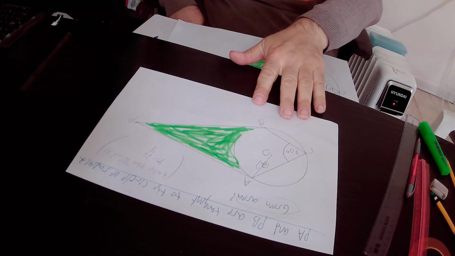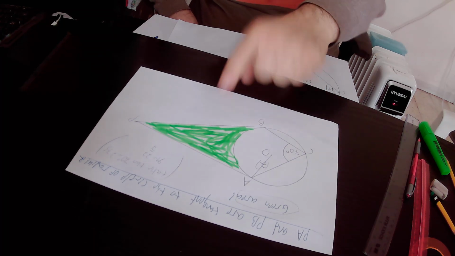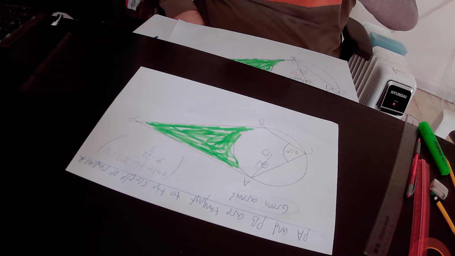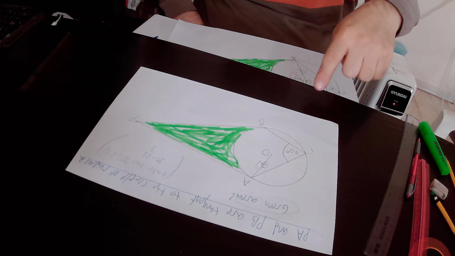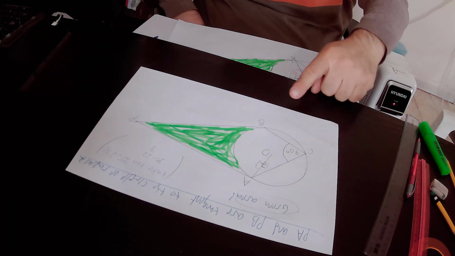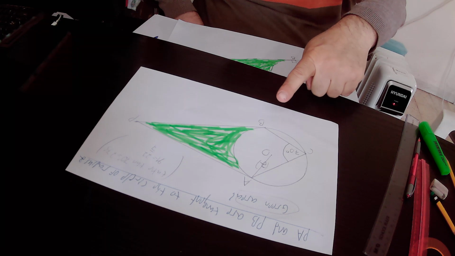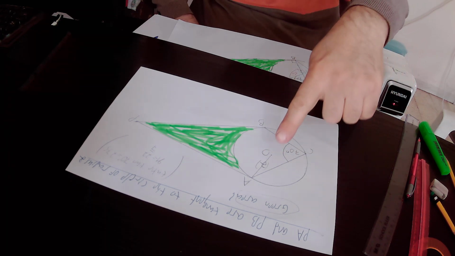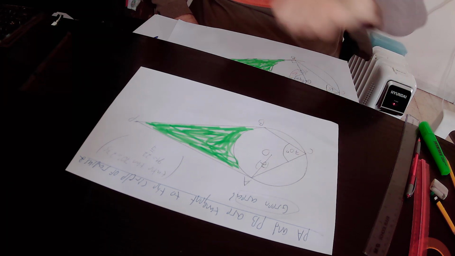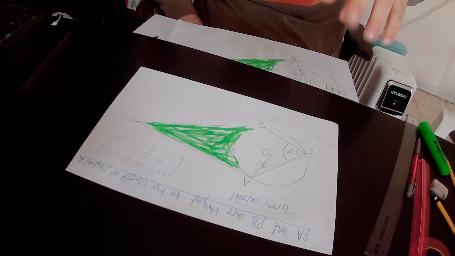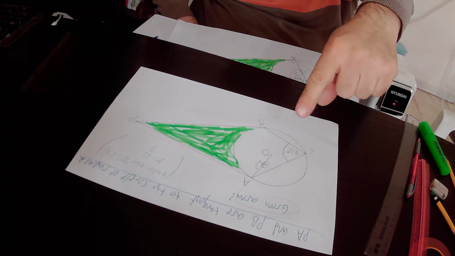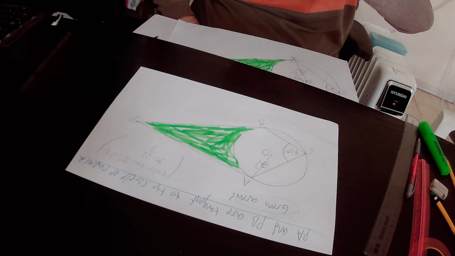In this lecture, we find out the area of this green shape. In the drawing, we have a circle. Inside this circle, we have peripheral angle ACB. This peripheral angle ACB is equal to 70 degrees in its size. And we also note that the radius of this circle R equals 2 units.